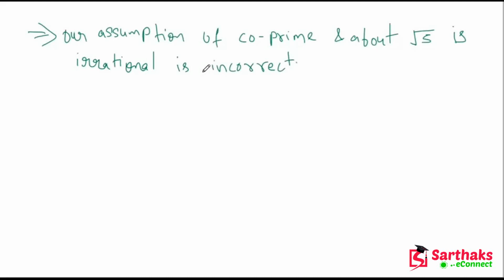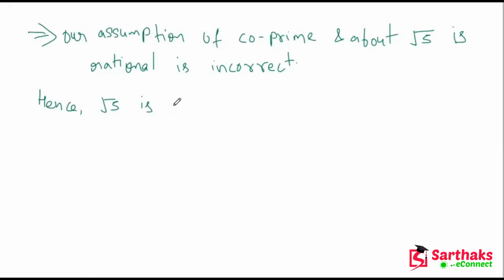Okay, so I hope you get this point. So hence our assumption that under root 5 is rational is incorrect.